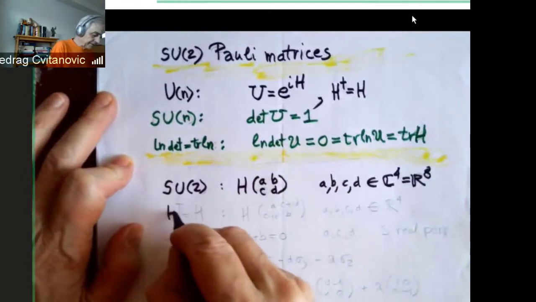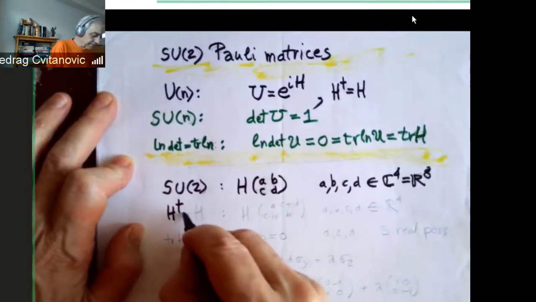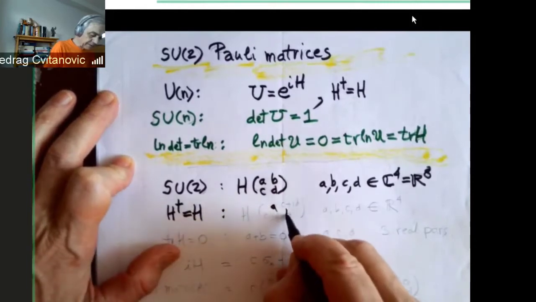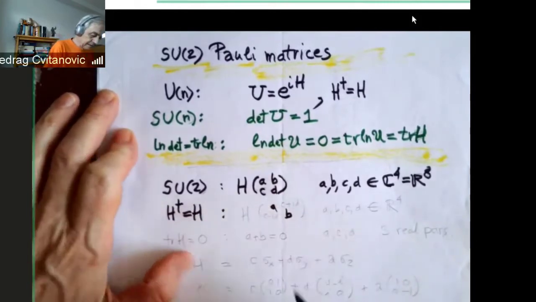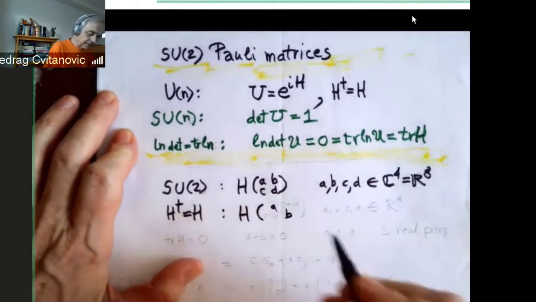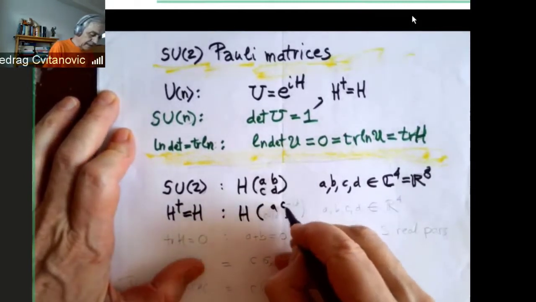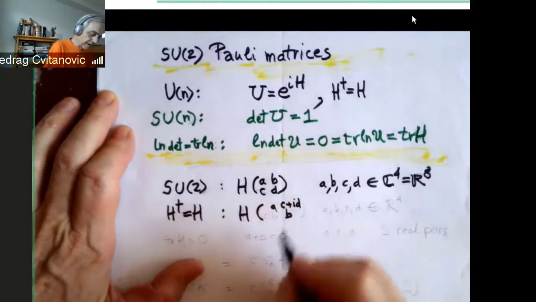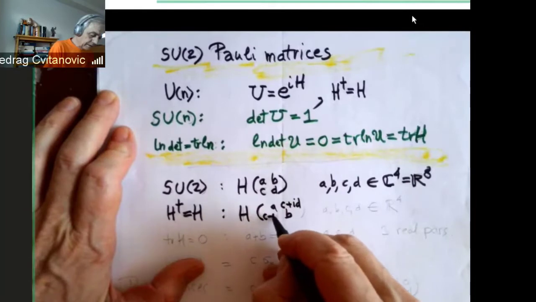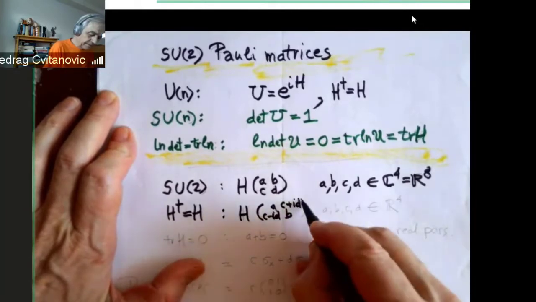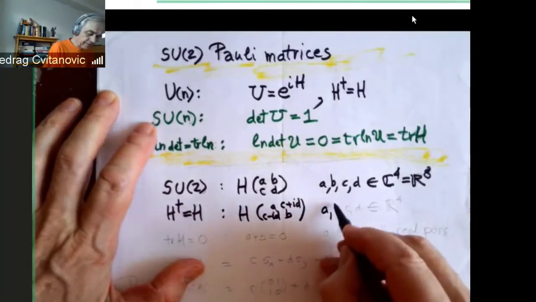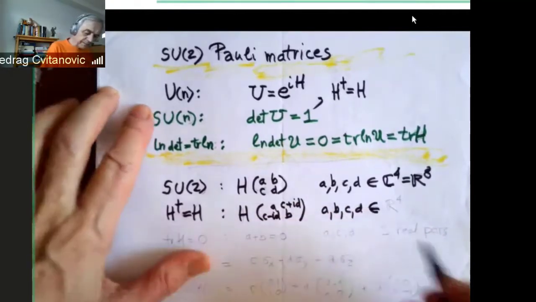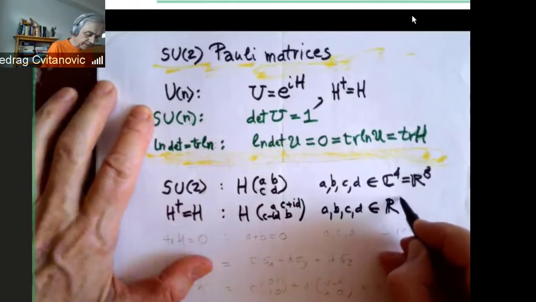But these have to be Hermitian, which means that on the diagonal, they have to be real numbers. And off the diagonal, if you write them in the usual complex number form, there are only 2 parameters. So now we have any unitary thing parameterized by 4 parameters.